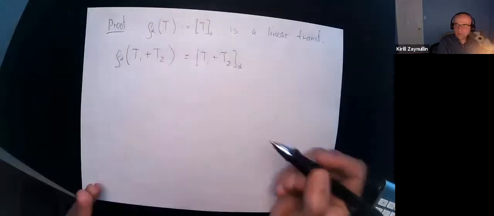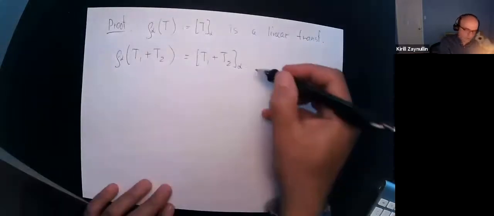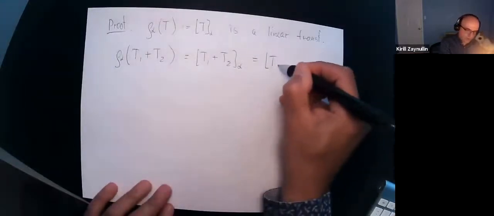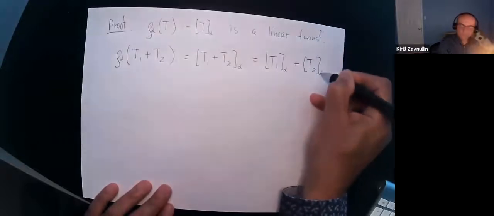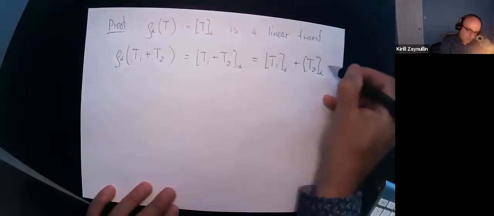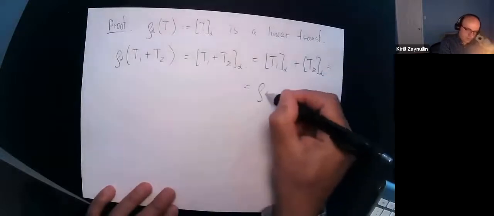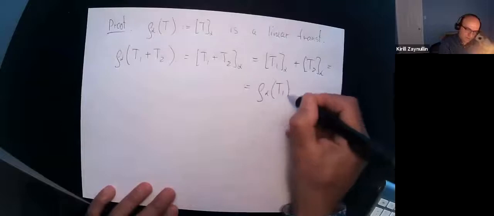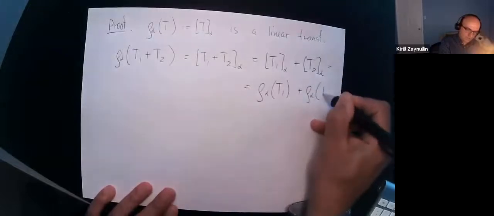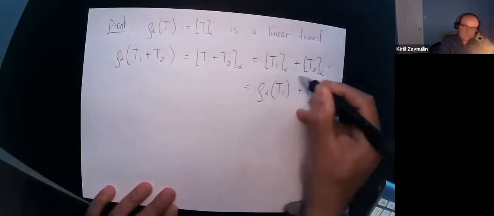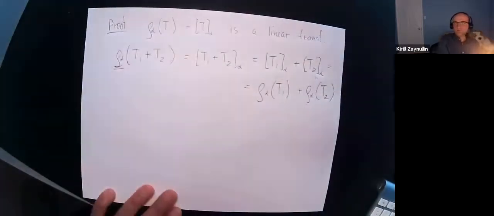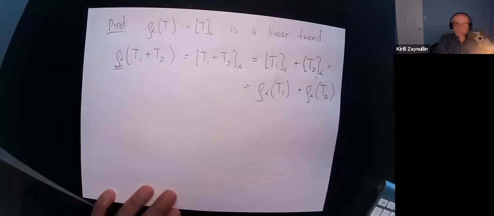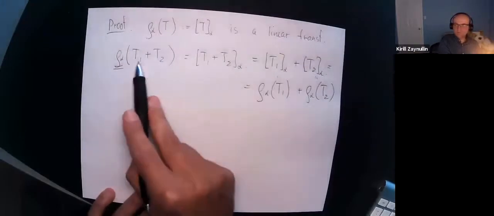But then by the lemma before, we can open these brackets and write it as a sum of the respective transformation matrices. And that's precisely what we want, because this is rho alpha of T1 plus rho alpha of T2. So this function preserves the vector addition.